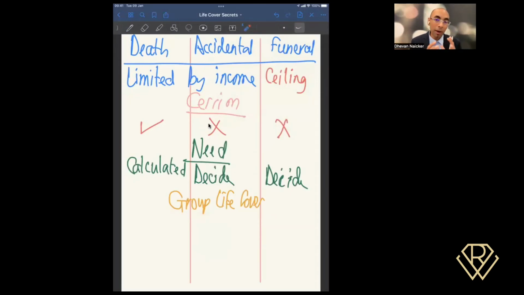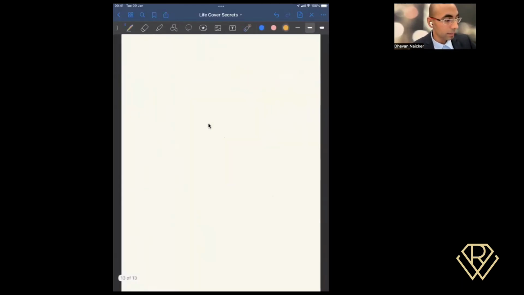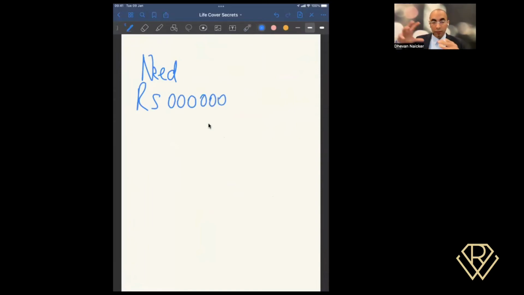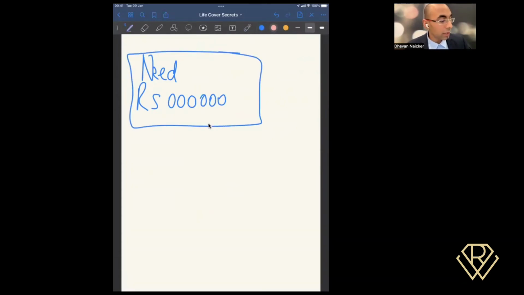Now you want to be very mindful about how you tackle this, because again, coming back from the need perspective, let's use an example so that I can make this better for you. Let's just assume from a need perspective, you need to have 5 million Rand life cover in total, if you use that formula I showed you in the first video to calculate it. So you know this is what your need is. And then you know that in terms of the group life, there's already some cover in place.